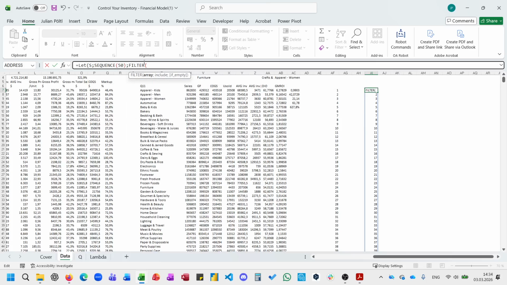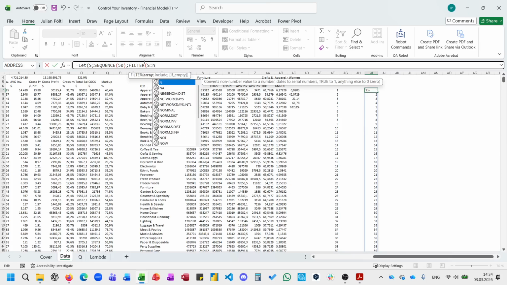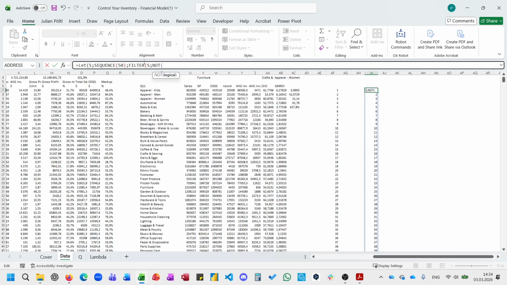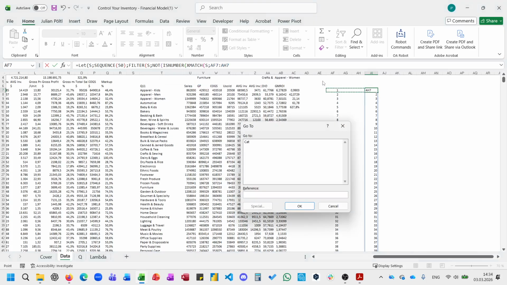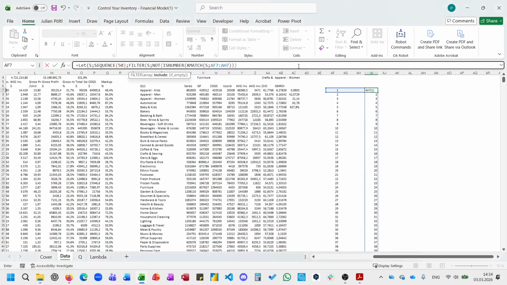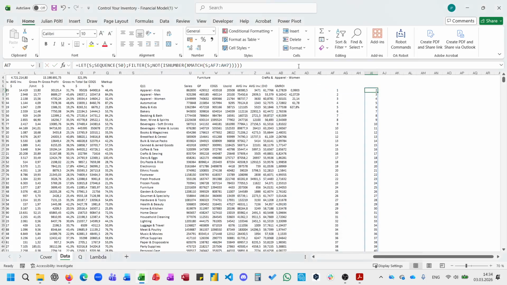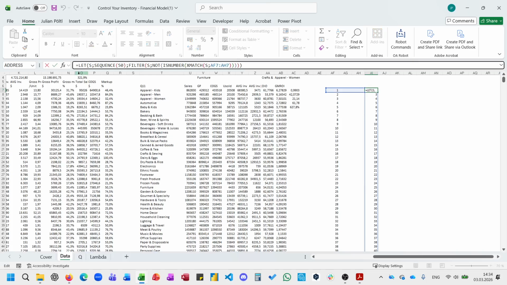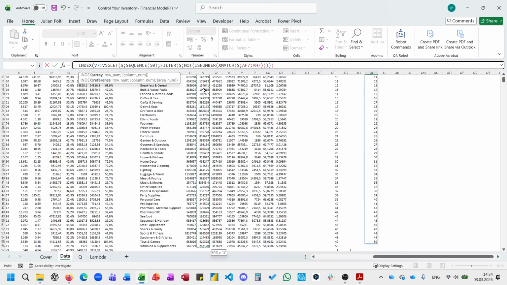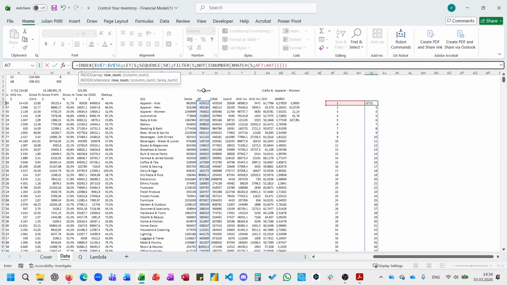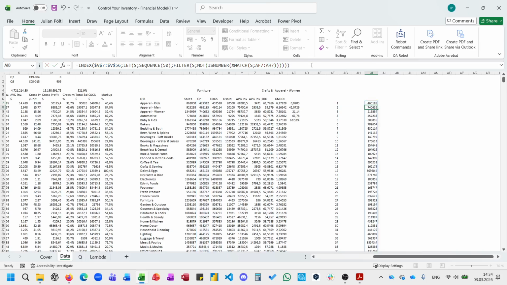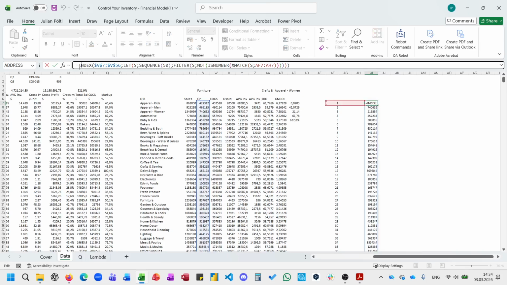So filter as if not is number x match as in this row here. And then index for the gross profit by category for those numbers, and sum of all of this.